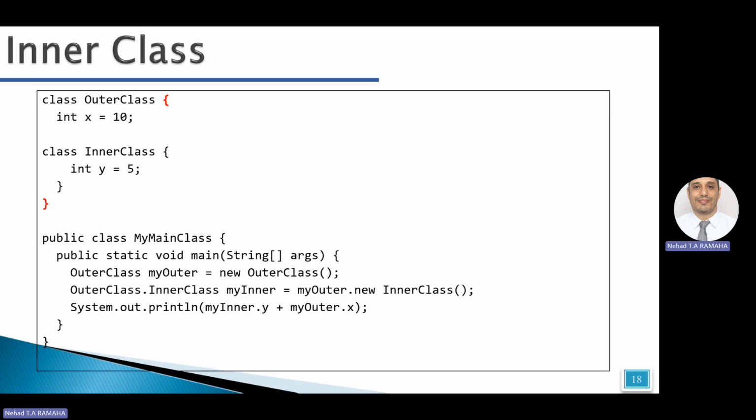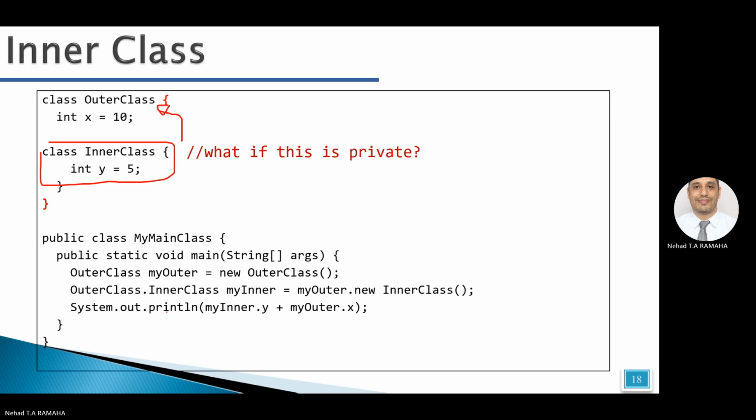What's the meaning of nested class? It means we have a class inside another class. Normally a class, you cannot make it static. Normally a class, you cannot make it private. But the inner class that is inside another class, you can make it static, you can make it private. Why?